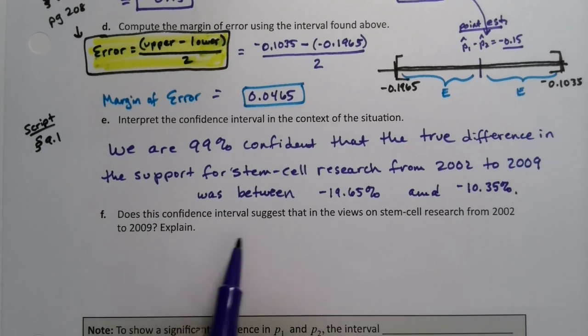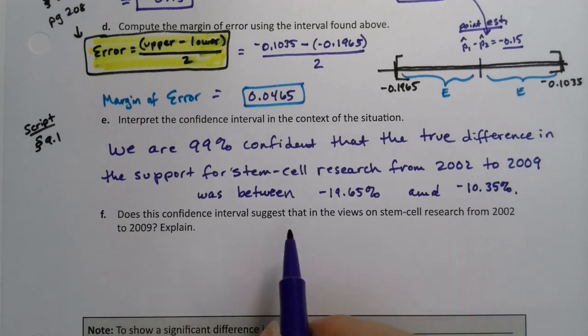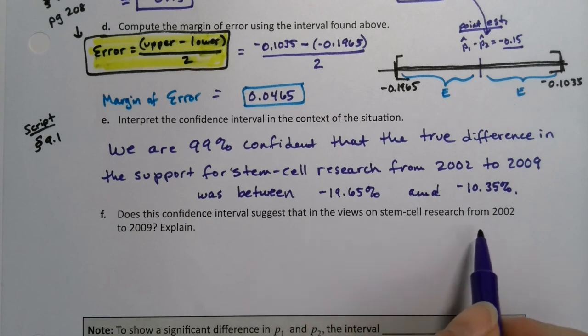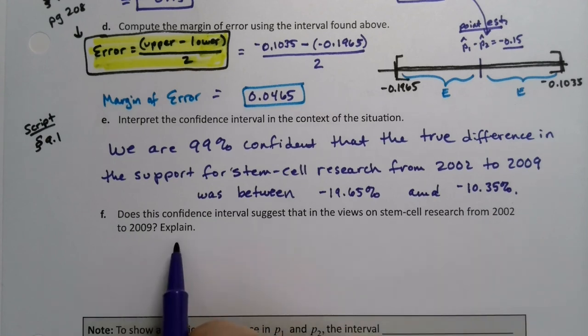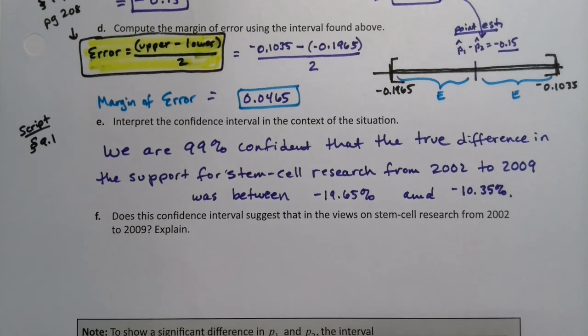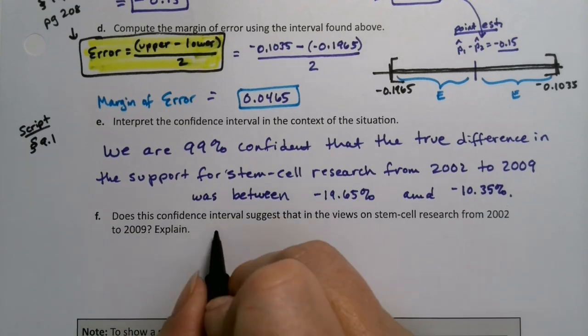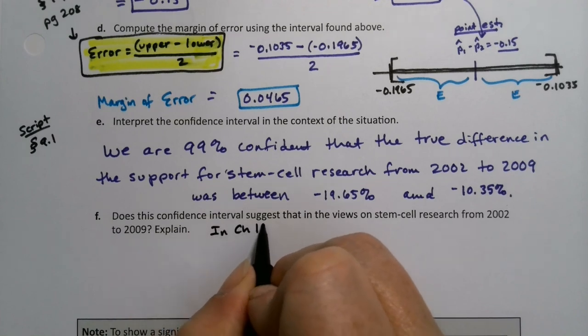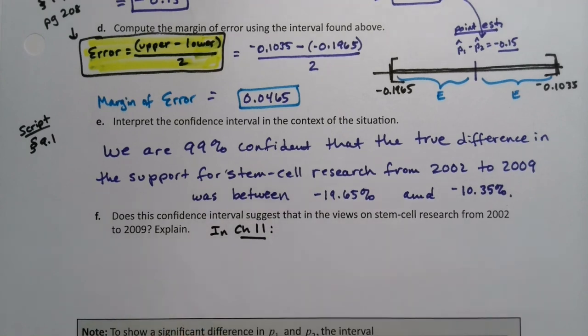All right, now does this confidence interval suggest that there is a change in views from 2002 to 2009? Oh, yes, it does. A very big change, and this is an important point. In Chapter 11, all through Chapter 11, let's look at the null hypothesis for just a second.